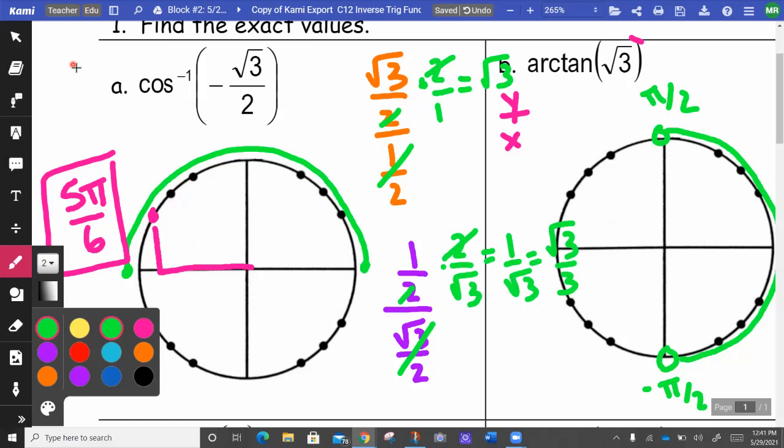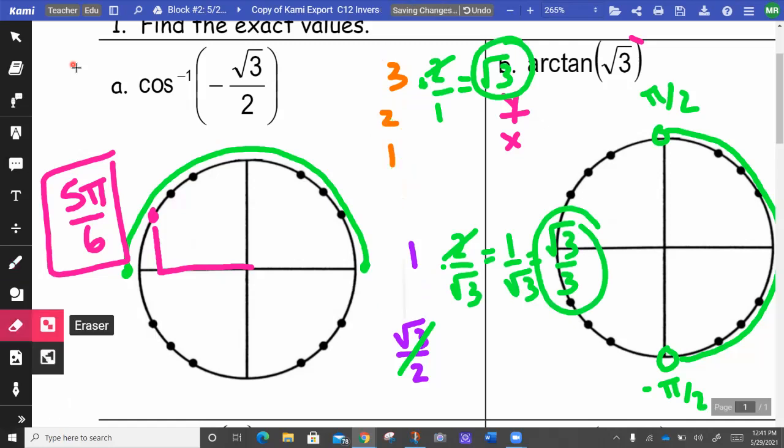So whether it's an arctan or arccotan, or sorry, a tangent or cotangent, if you have your root 3 halves in the numerator, you will get a root 3. If you have your root 3 halves in the denominator, you will get a root 3 over 3. Okay.